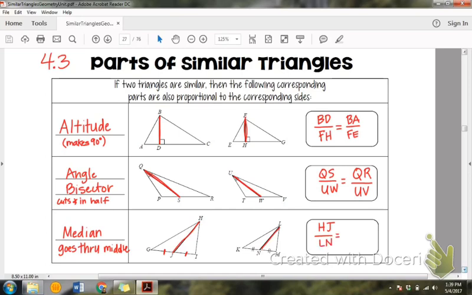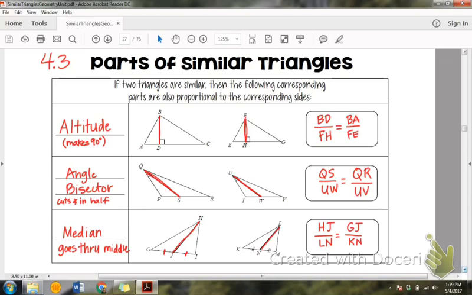And then we could also say, what if I said GJ? GJ goes with which segment there? KN. Anyone agree with Trinka? Okay. So basically, guys, it's saying the same thing, right? Put the pieces together that go together and you can make a proportion. That's what this is saying again.